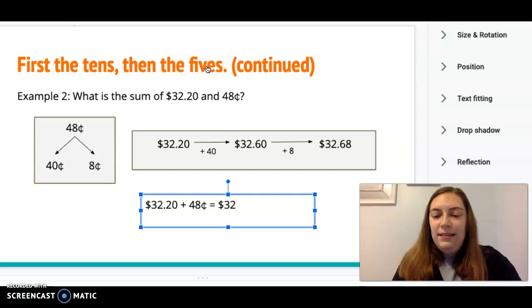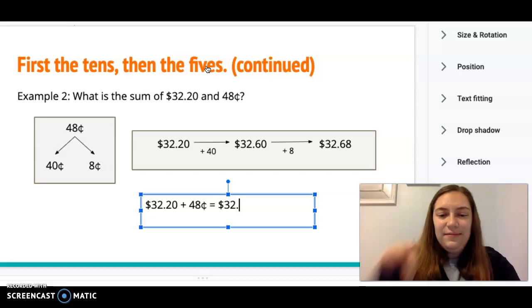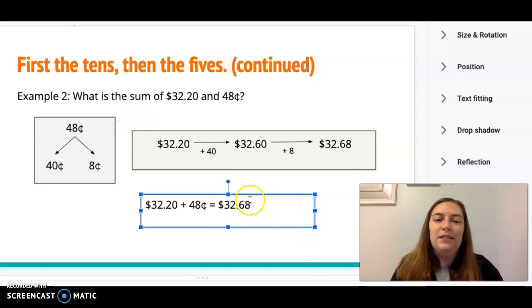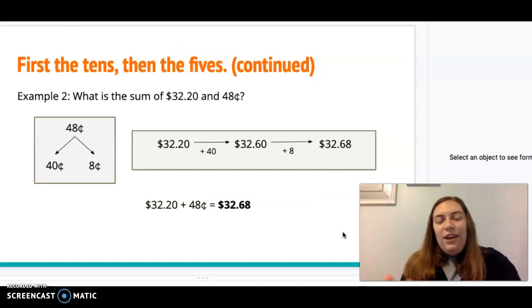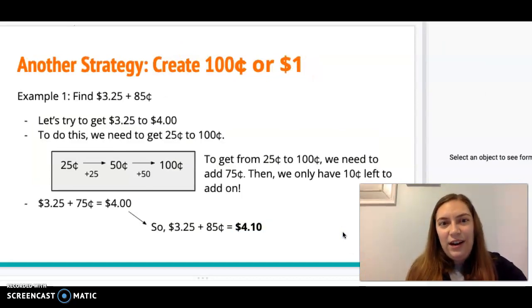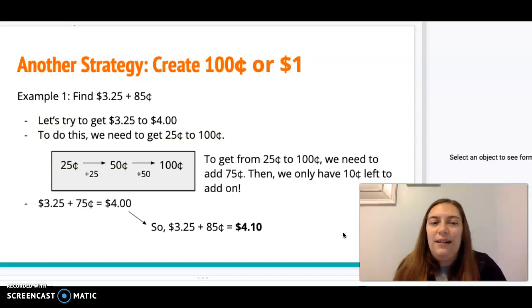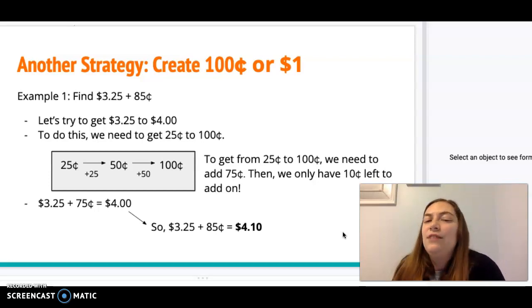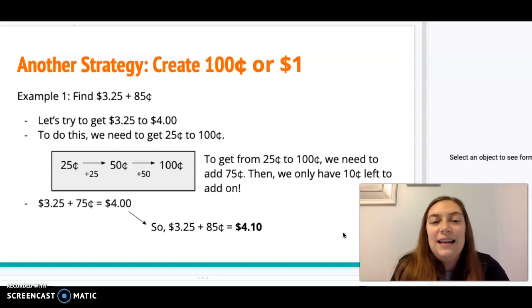Then I put my decimal point and 68 cents. And let's bold that so it looks beautifully bigger than the rest of the things. Good job, guys. All right, let's move on to our next strategy, which is creating 100 cents or $1. So our first example is going to be to find $3.25 plus 85 cents.